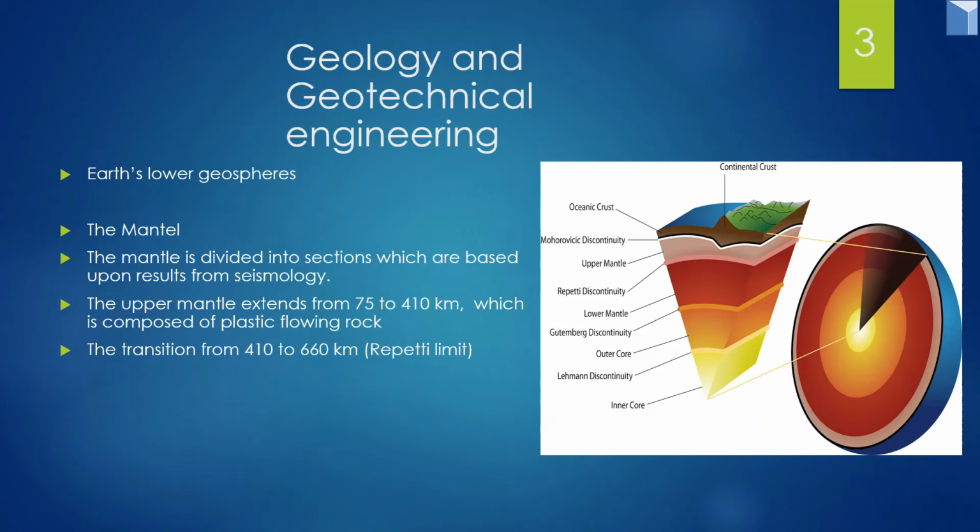These zones have been distinguished by sending seismic waves below the Earth's surface, and the seismic waves were produced from nuclear explosions at the surface of the Earth in the 1960s of the last century.